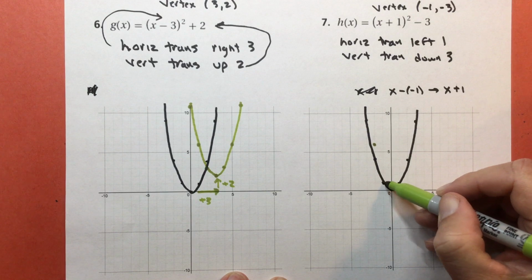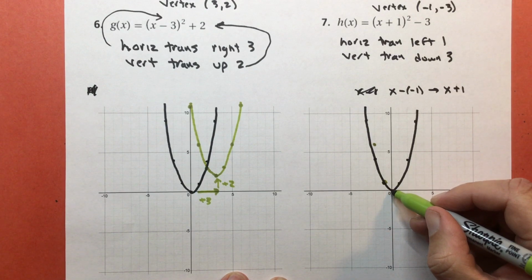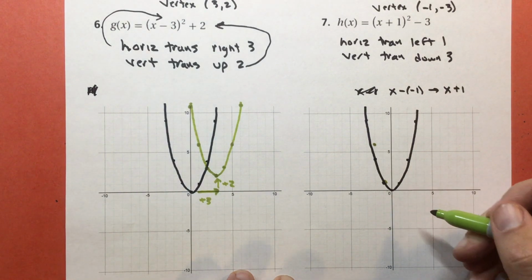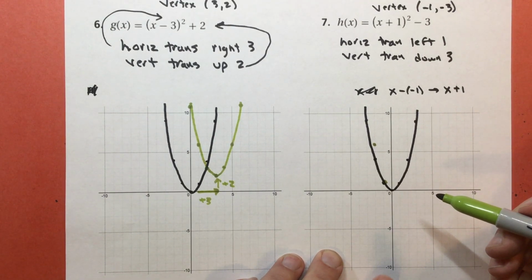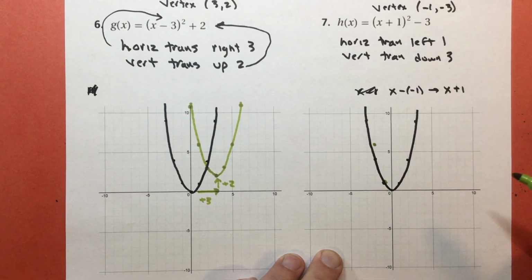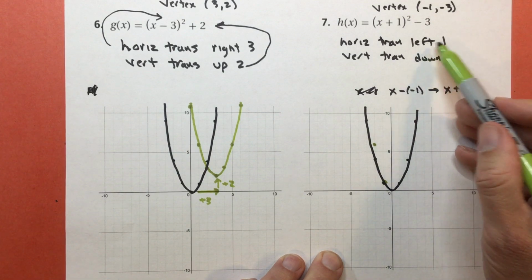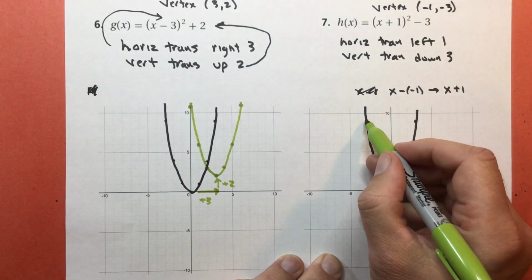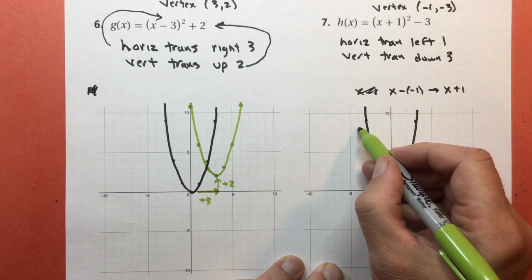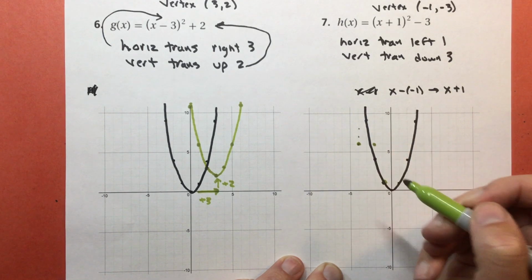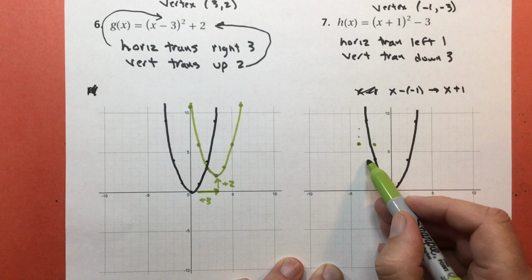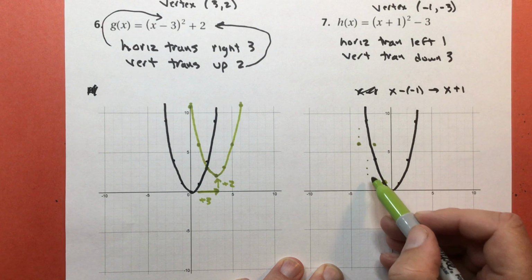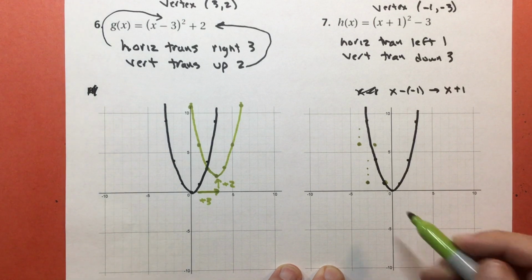Which actually does end up right there. Left 1. Whoops, excuse me. I went to the right when I meant to go to the left. I'm sorry, I just now caught that. I need to go left and then down. So let's go back and do this one again. Left 1, down 3 is right here. This point, left 1, down 3 is right here.